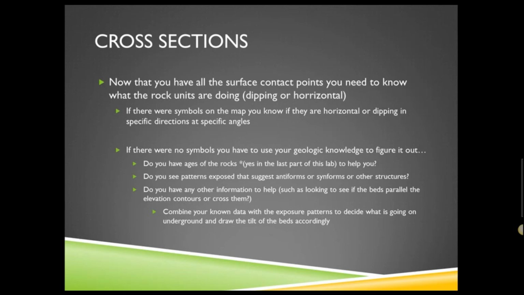Some of the rocks have that open angle shape that tells you, hey, I've got either a dipping anticline or a dipping syncline. Then add in the age data and you can figure out what you've got going on and use that kind of information to draw your beds in your cross section.